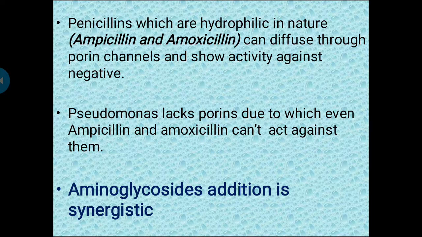So D-alanine: there is one ligase enzyme which is attaching the fifth D-alanine to the fourth D-alanine. So the fourth D-alanine and fifth D-alanine binding is done by one ligase, the D-Ala-D-Ala ligase, and this ligase is inhibited by vancomycin.